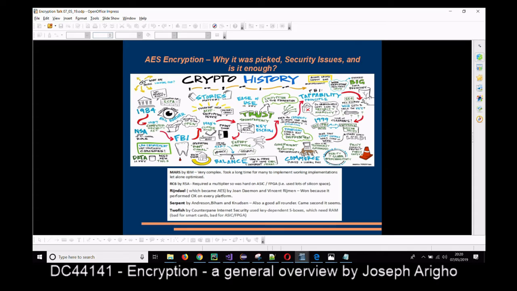So realistically, if you're asking whether AES encryption is good enough, it basically remains secure. It's ridiculously difficult to crack. It takes a very long time, and they expect it to be good for another 20 years.